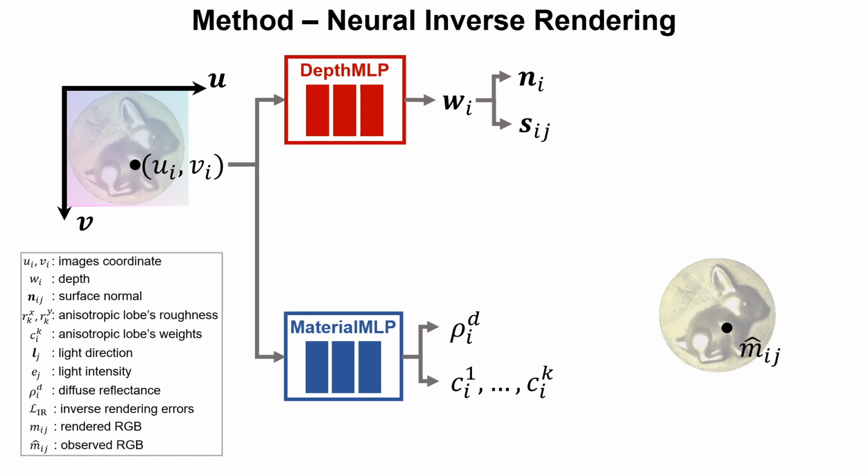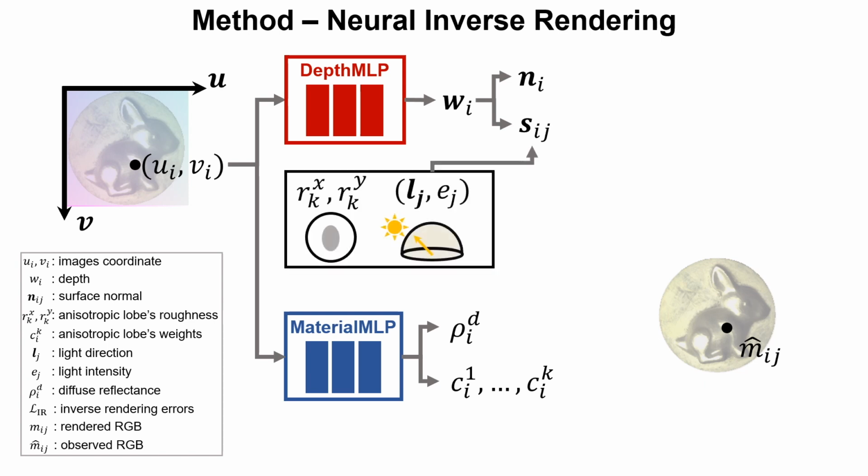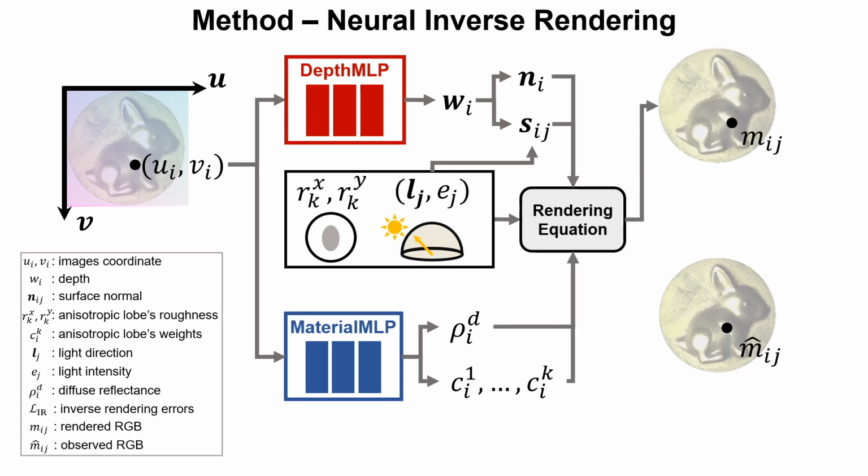The material MLP takes the same input and outputs the diffuse reflectance and weights of anisotropic Gaussian bases. The specular lobe's roughness is a self-learned parameter, as are the light directions and intensities. The light conditions are initialized by a pre-trained CNN model. All of the constant terms are regarded as inputs into the rendering equations to render the image's pixel values.